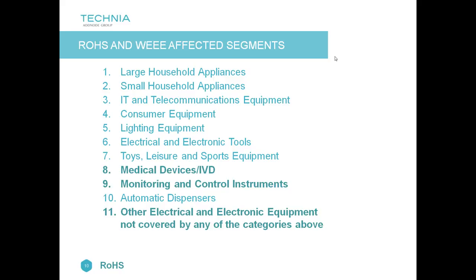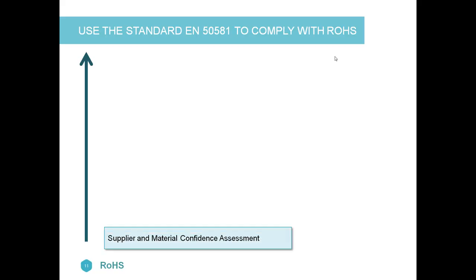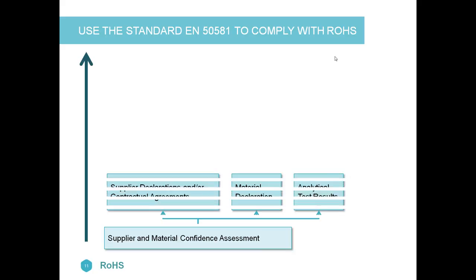And since the RoHS directive is also a CE requirement now, CE directive, there's a lot of information to put in place in the reporting. And looking into that, the base, of course, for being compliant is that you make an assessment together internally of your supplier base and the materials that you use.